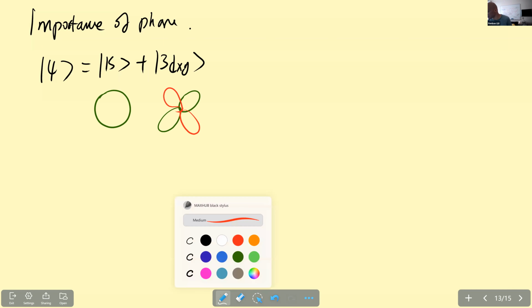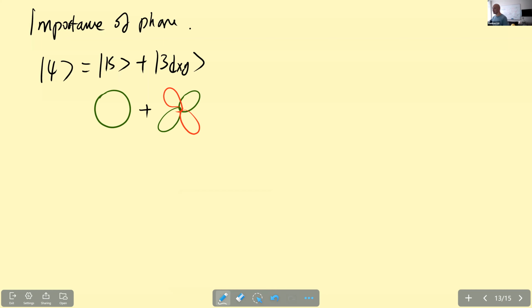So if we do the summation of this, what do you get? Positive. So you're gonna have positive interference along this direction, right? That's a very bad drawing, sorry about that. Okay, so you're gonna have a positive interference along this direction.